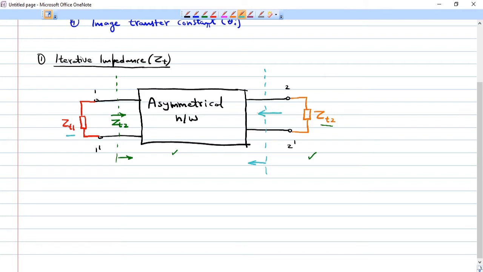The combined network impedance of this asymmetrical network with this ZT1 attached to the input side. So this ZT1 is attached to the input side. So that will be equal to ZT1. So that's how we have defined the iterative impedances ZT1 and ZT2. Okay.